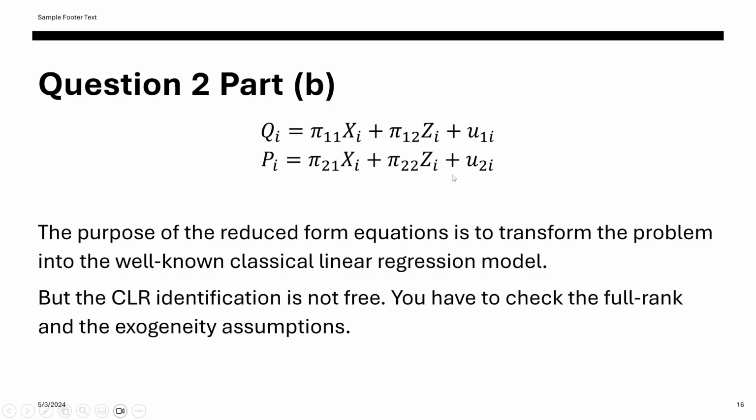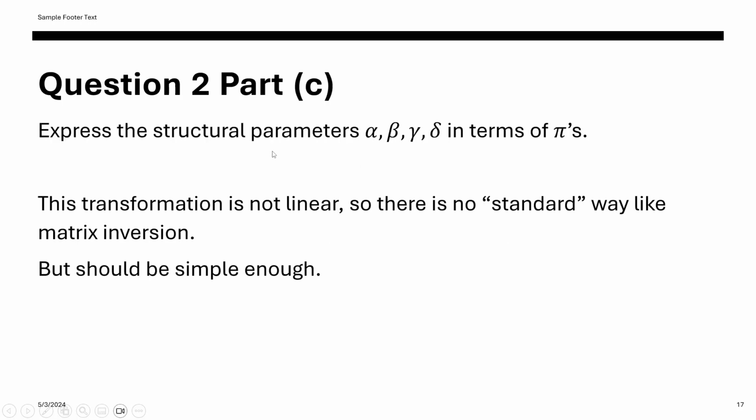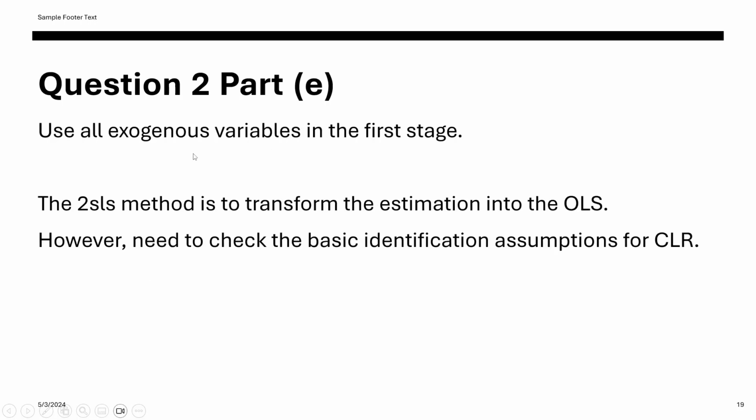So this reduced form equation is basically the reduced form equation in the first stage regression, right? So they are basically the same approach. It's another way to understand the fitted value approach.